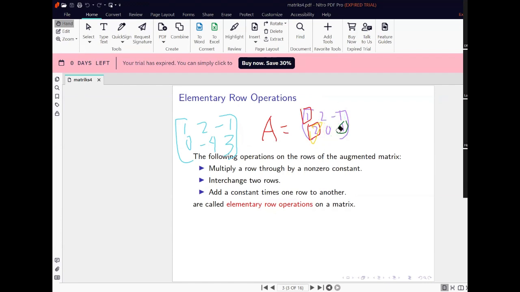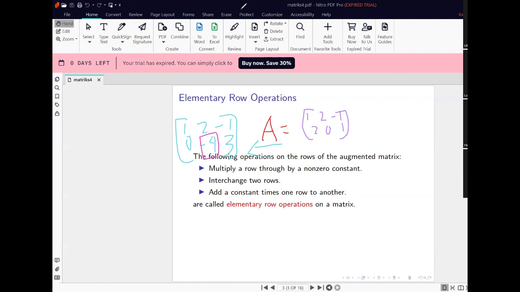Okay, so we can use a row operation. The next step is you have to change this into 1, because the first non-zero number in each row is 1.